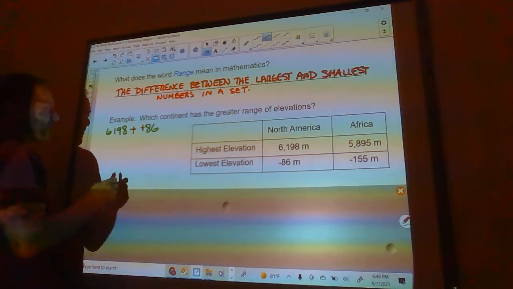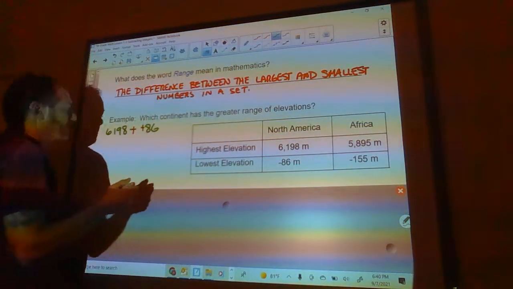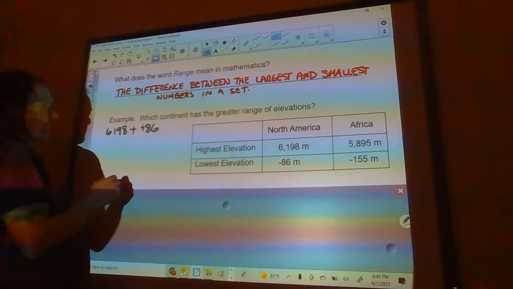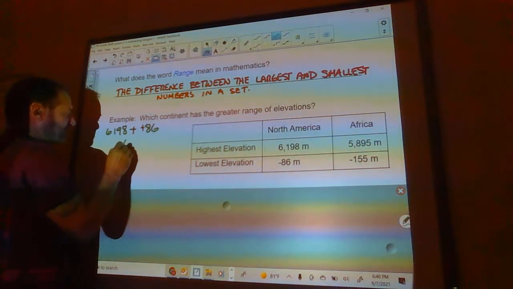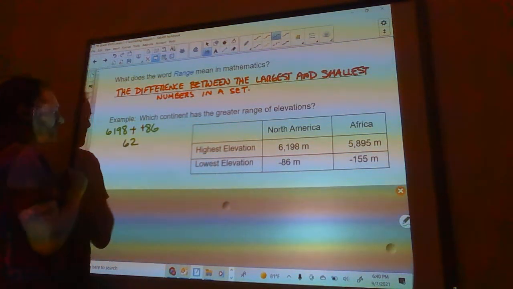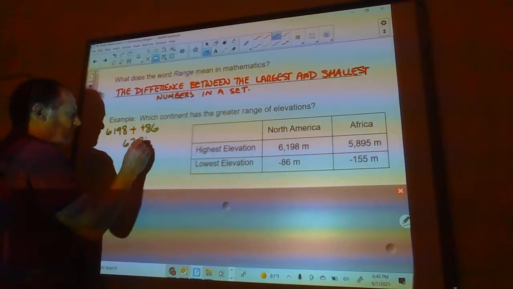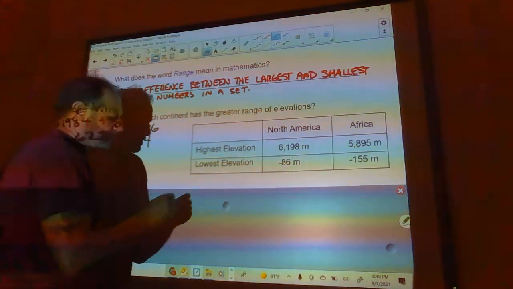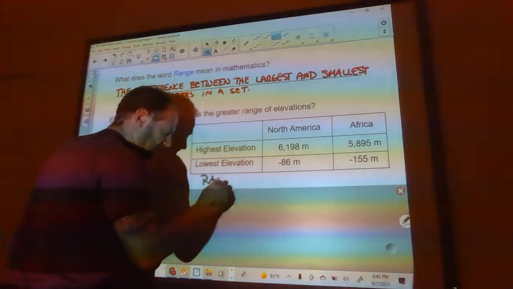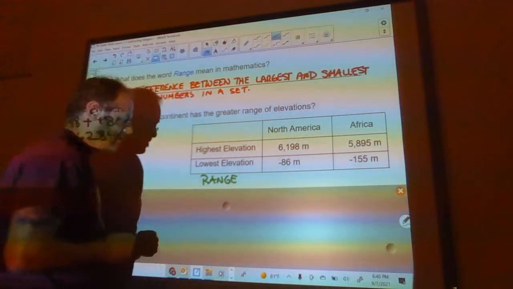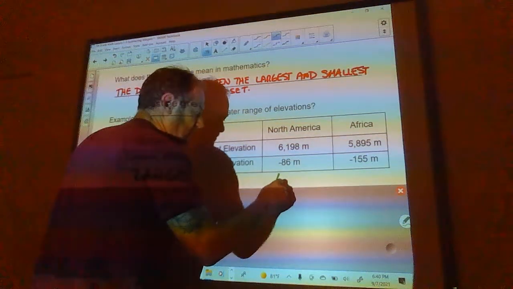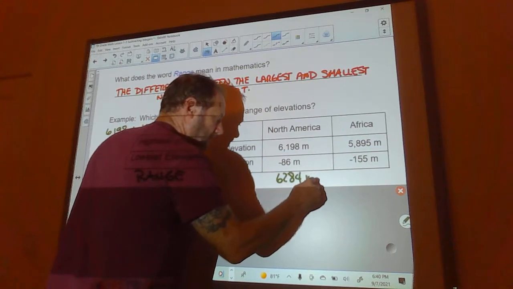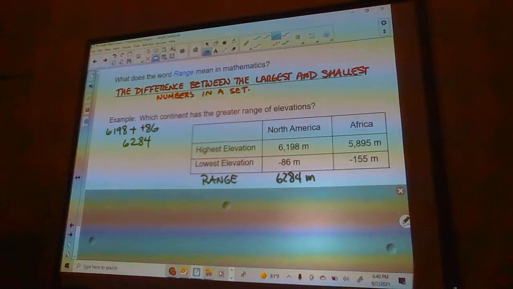And when I add those together, I'm going to end up with 6,284. So I could say, here's the range. The range is 6,284 meters for North America.